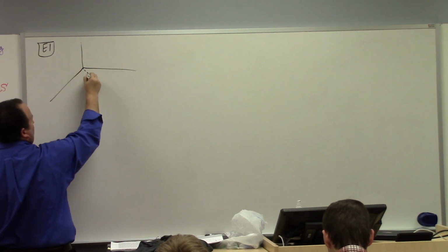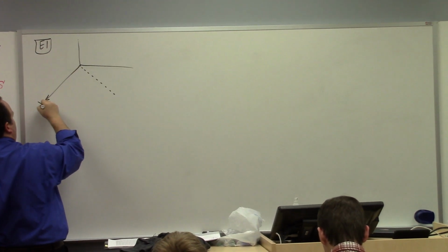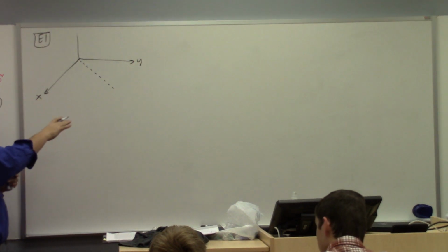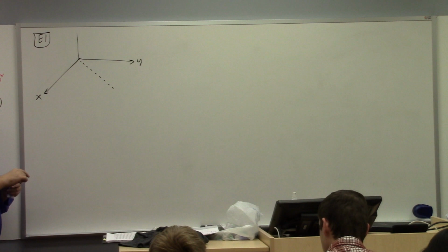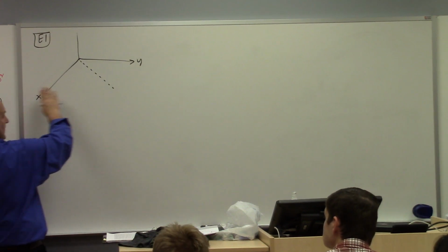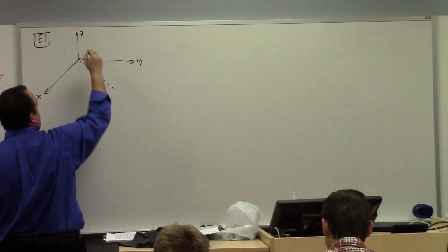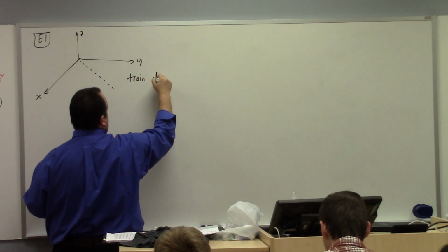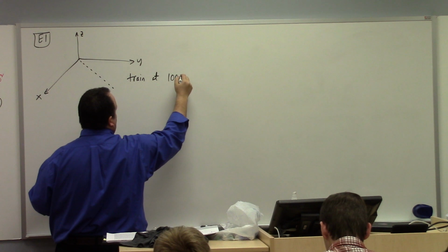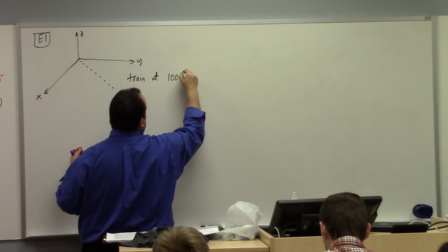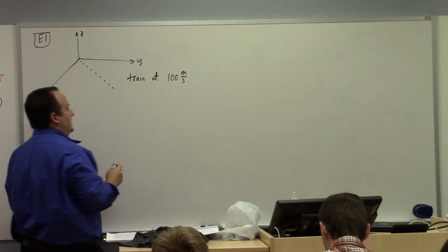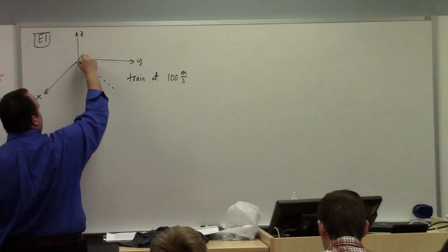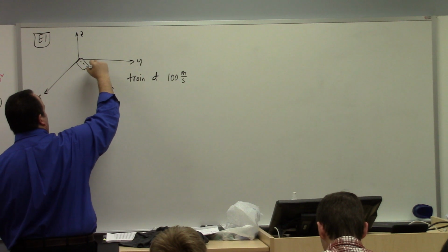So I want the train to follow this track in the XY plane. All right, so I've got this train, traveling in the XY plane like this, at, let's say, 100 meters per second, fine. And for the sake of me not going nuts, I'm just going to draw the train like that.